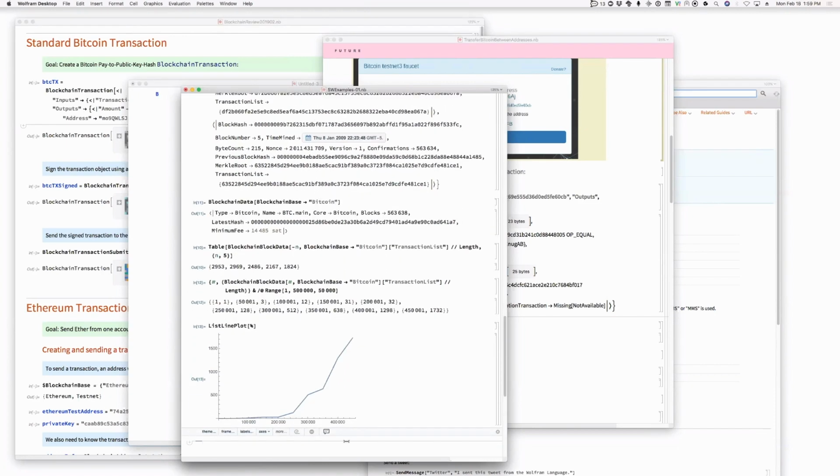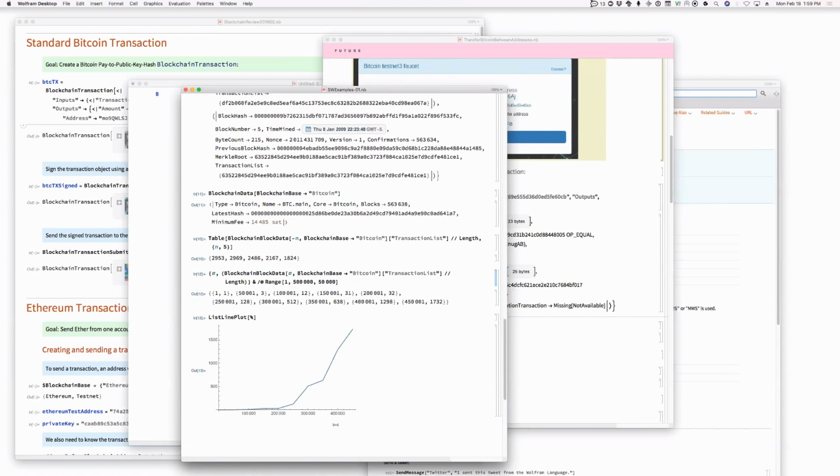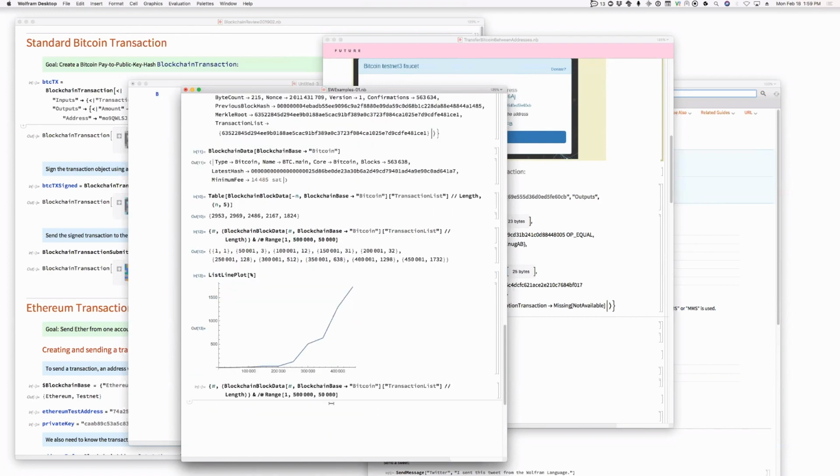I see. So that's the growth of the number of transactions per block in the Bitcoin blockchain. It's kind of interesting. In this course we're supposed to be doing all about this stuff, and things like this should be part of it. Yeah, makes sense.